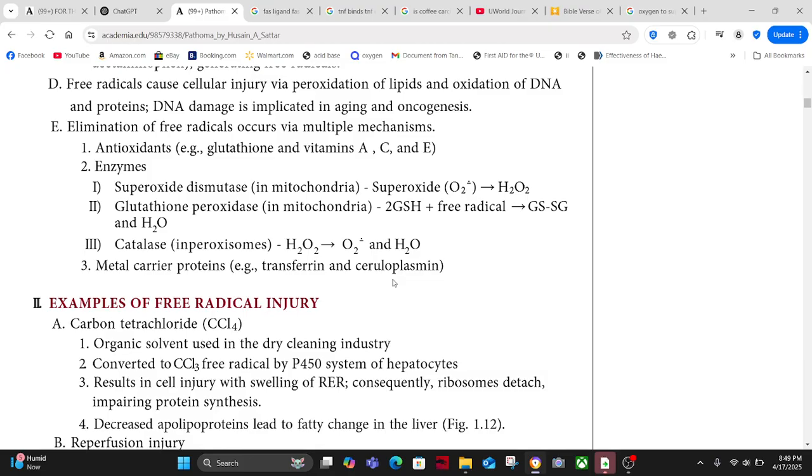Enzymes eliminate free radicals also. Superoxide free radical is handled by superoxide dismutase. Hydrogen peroxide is handled by catalase, and hydroxyl free radical is handled by glutathione peroxidase.